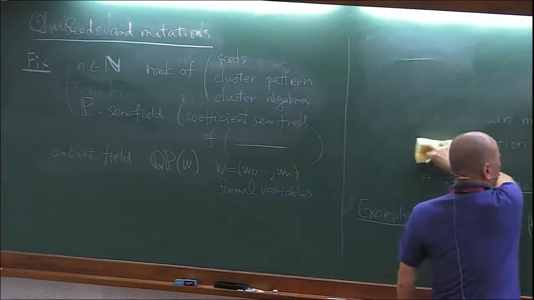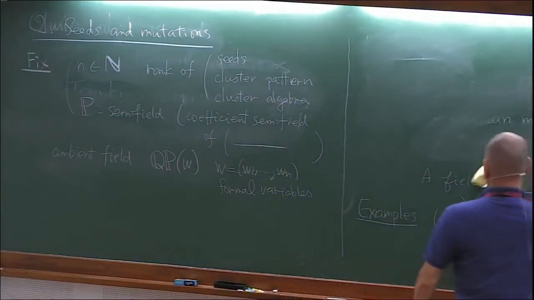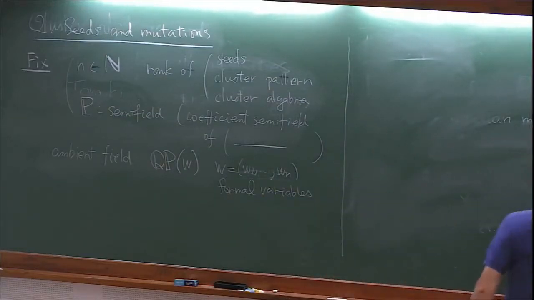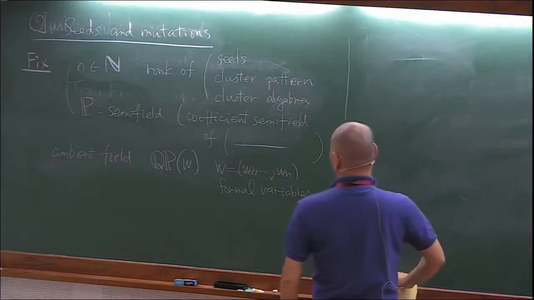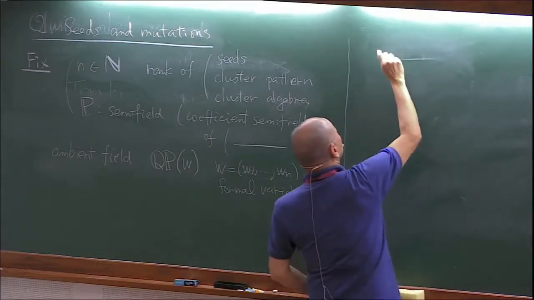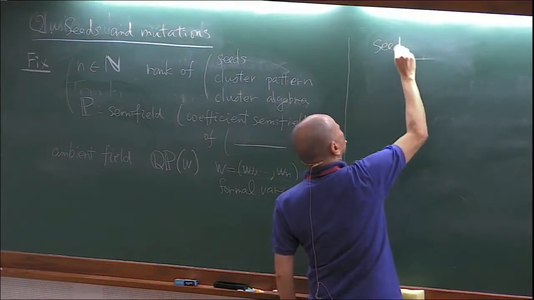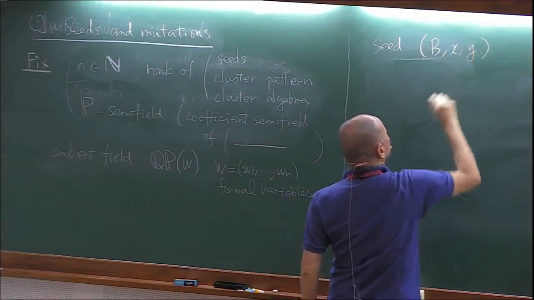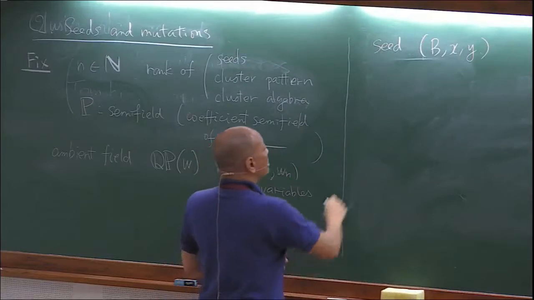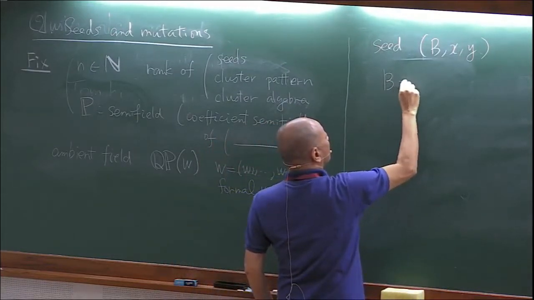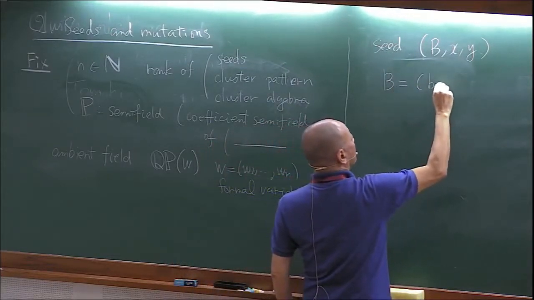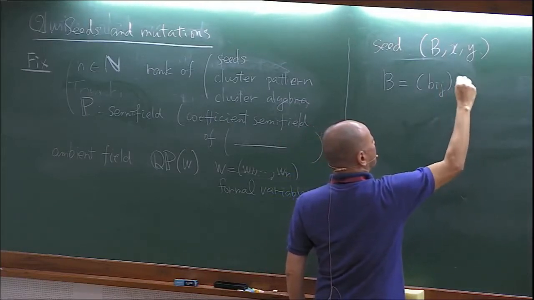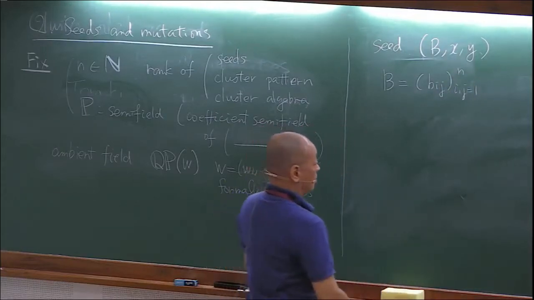Anyway, having this setting, you can first of all define the concept of the seed, which is the extension of Jacob's one. A seed is a triplet of three things, which I'm going to explain. First, B is a matrix, so I write its components as Bij, and its size is n by n.